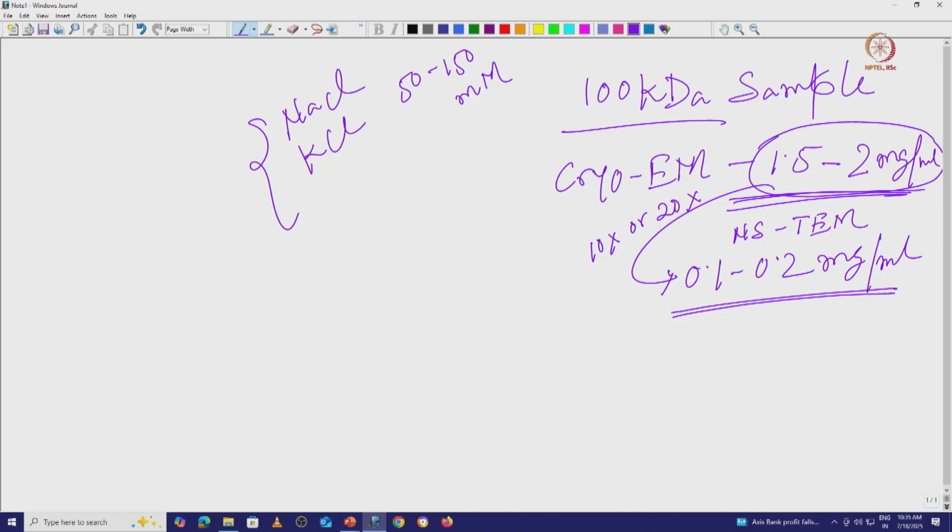We are not using a huge amount of salt to get a crystal. In a physiological solution or normal buffer, 25 millimolar HEPES or Tris and 50 to 150 millimolar NaCl or KCl, we have the protein and we are getting our structure resolved. So we can consider that the sample stays in a physiological condition.